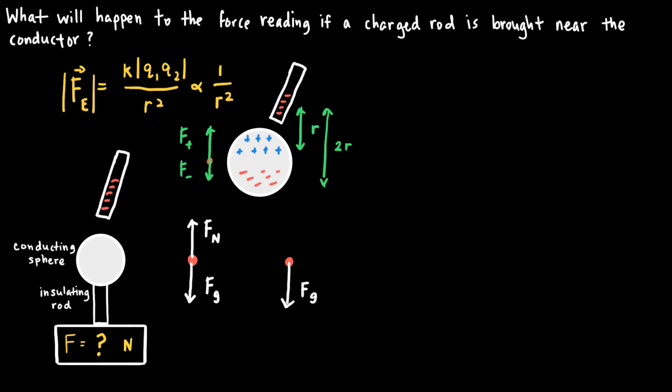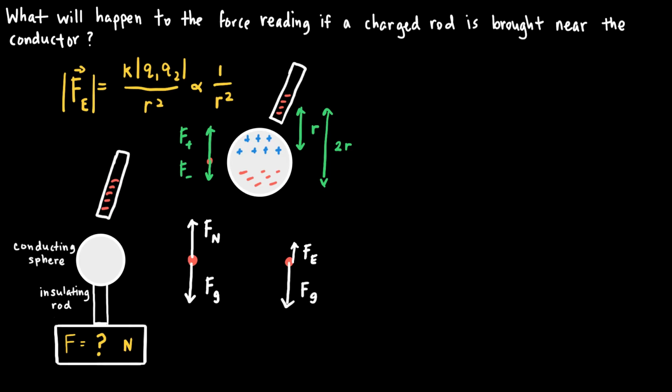And so the sum of those 2 forces leads to an upwards electric force on the conducting sphere. And so in my diagram, I should draw an upwards electric force on that free body diagram.